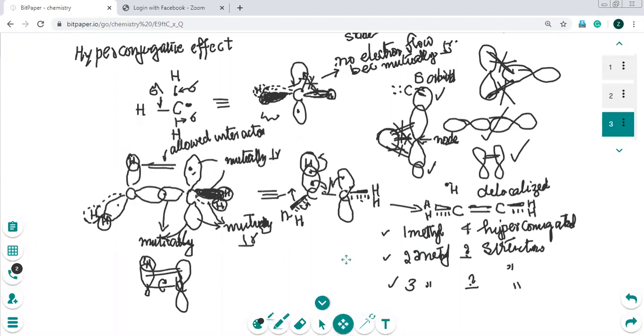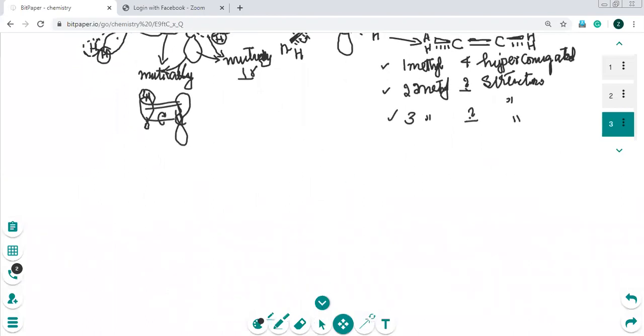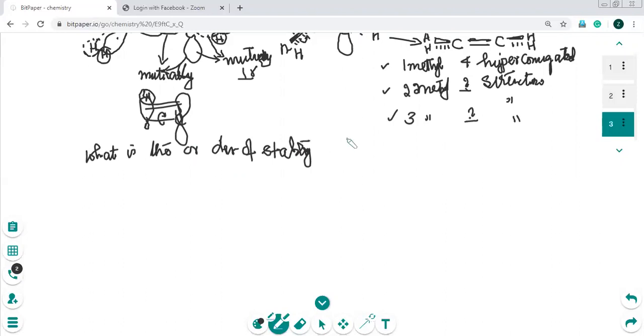Now, once you do this, tell me, what is the order of stability when we consider the hyperconjugative effect?